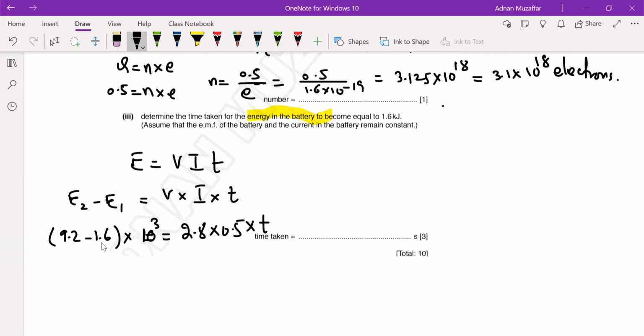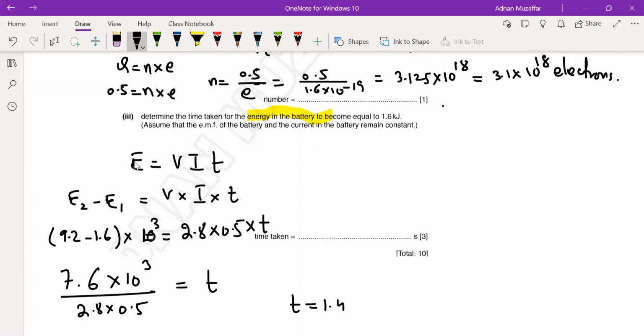So 9.2 minus 1.6 कितना होता है जी? It's 7.6, divided by 2.8 into 0.5.